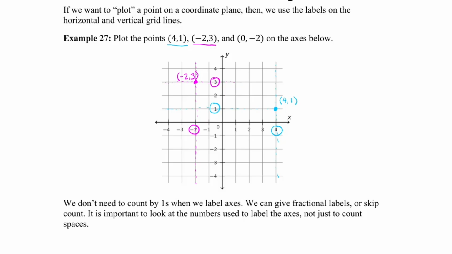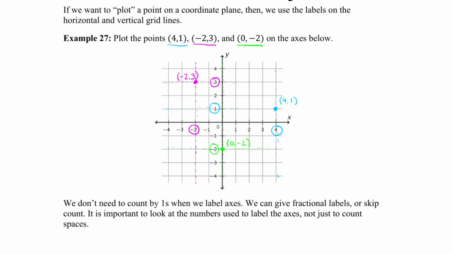Finally, if we want to plot the point 0, -2, well, we find the 0 on the x-axis. The place where the axes cross is 0 on both axes. So if our x-coordinate is 0, that means we're somewhere on the y-axis. We find the -2 on the y-axis, so we're somewhere on this horizontal line. This must be the point 0, -2.